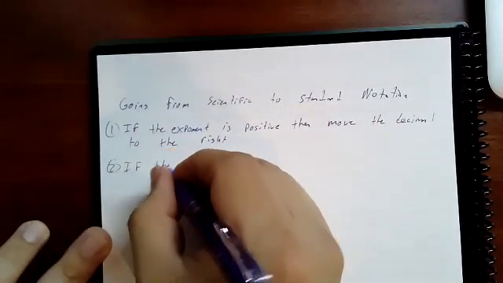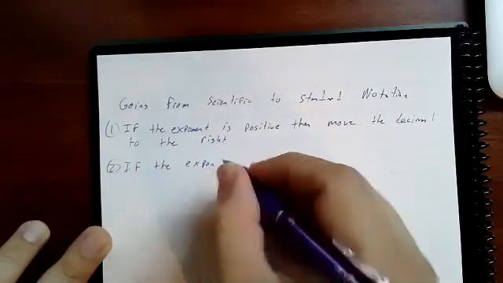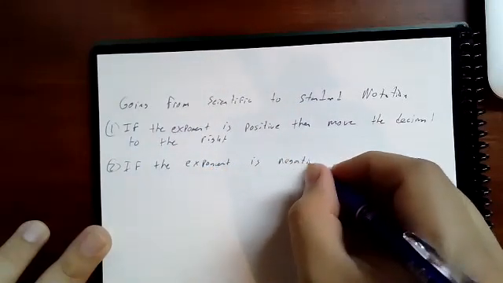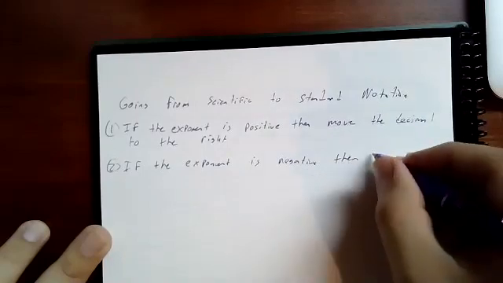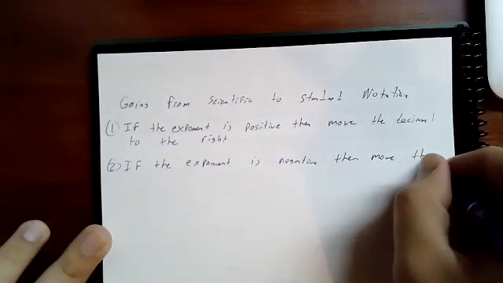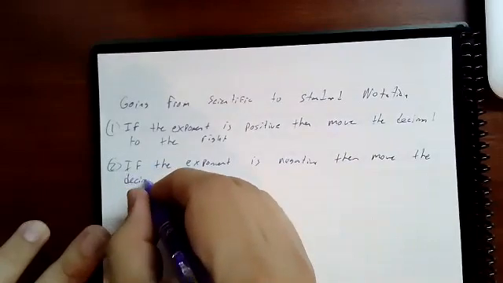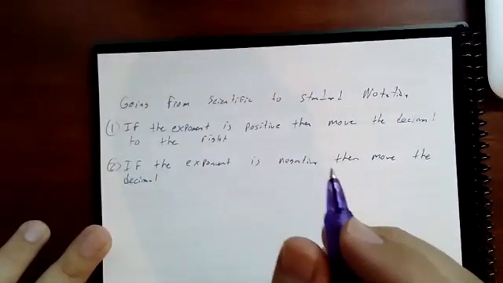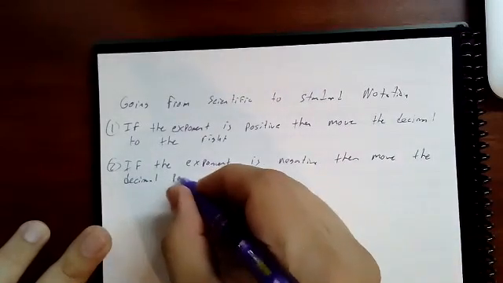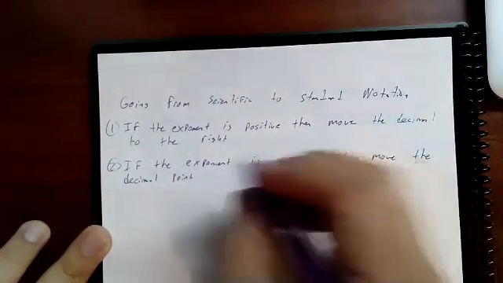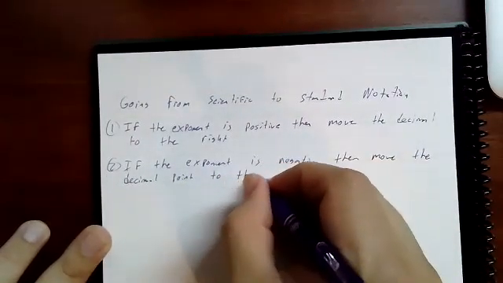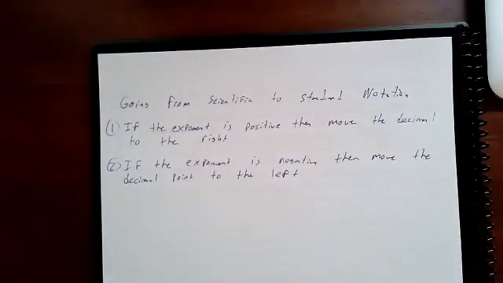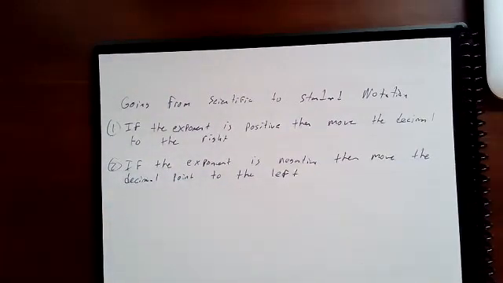If the exponent is negative, then move the decimal point to the left. We'll do a couple of these, and then we'll move on to engineering notation.